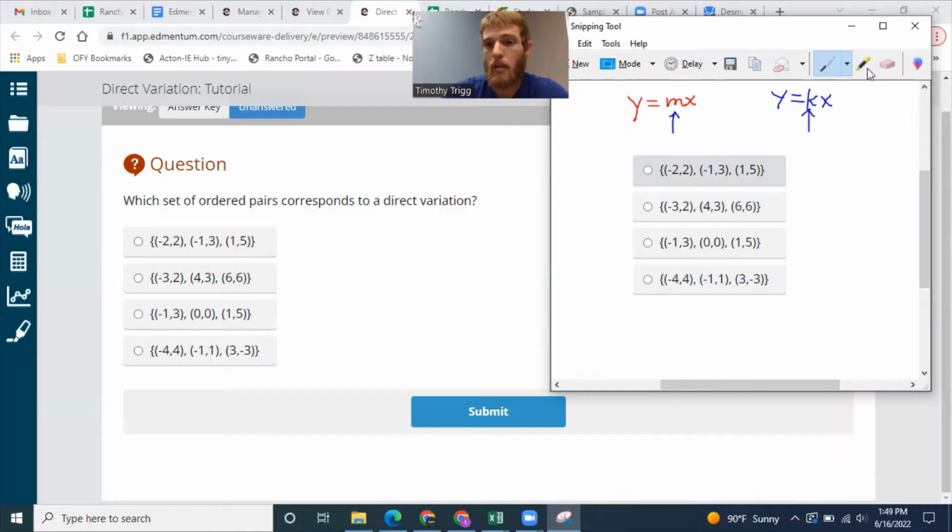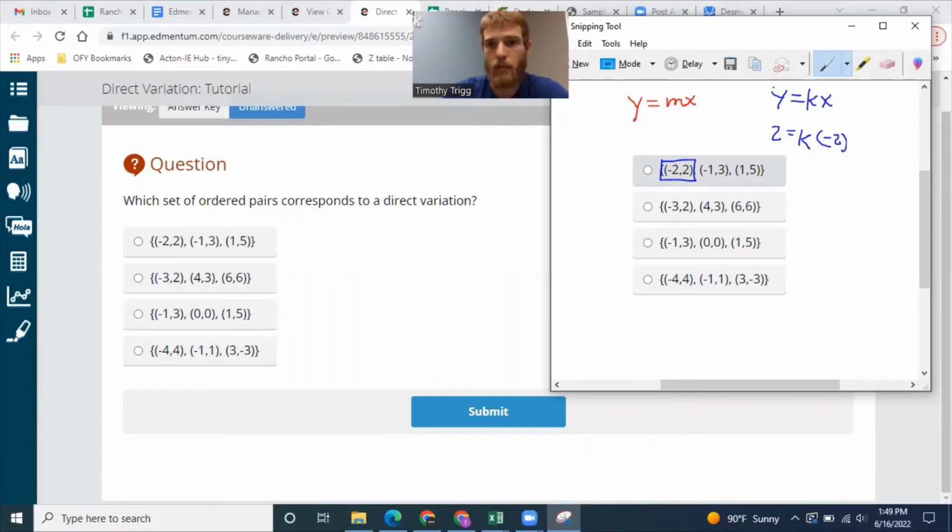Basically this k is the same as your slope. One way to look at it is, what would be my m or my k? When I see a -2 x value and a 2 y value, what would be the value of k here?